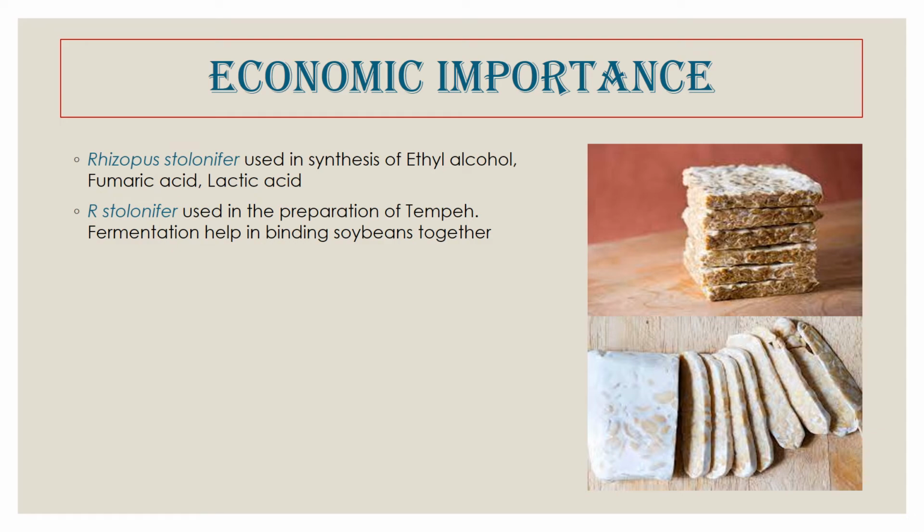Apart from this economic loss, it also has some economic importance. Rhizopus stolonifer is helpful in the synthesis of ethyl alcohol, fumaric acid, and lactic acid. These are industrial products that we obtain from Rhizopus.